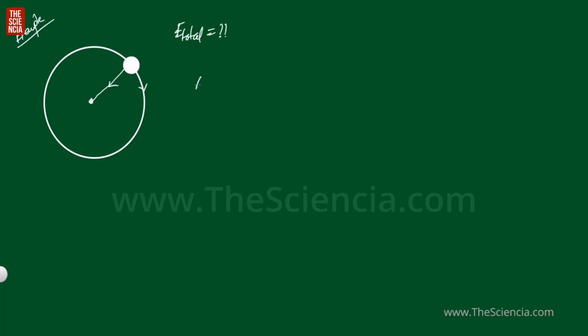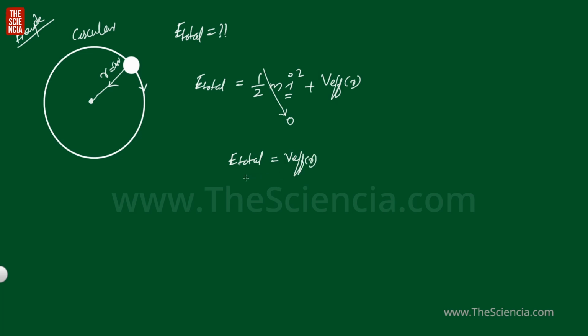We know the equation for E total, that is equal to half m r dot square plus V effective. So here, this is the r, and in a circular motion, r is equal to a constant. Therefore, r dot is equal to 0. So this entire term is equal to 0. So for a circular motion, E total will be equal to V effective only.